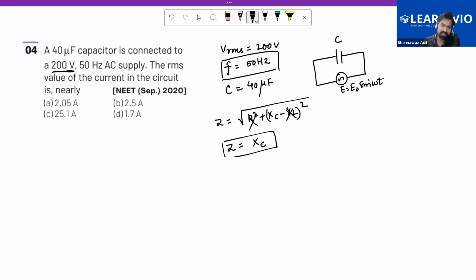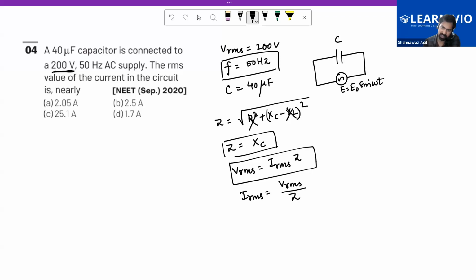We have XC, which is the resistance, and we know that VRMS is IRMS times Z. So VRMS is given already. IRMS we have to find out. This is VRMS divided by Z. Z is what? Z is XC.